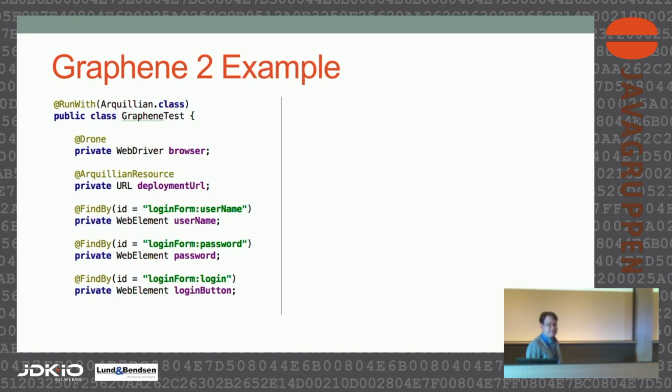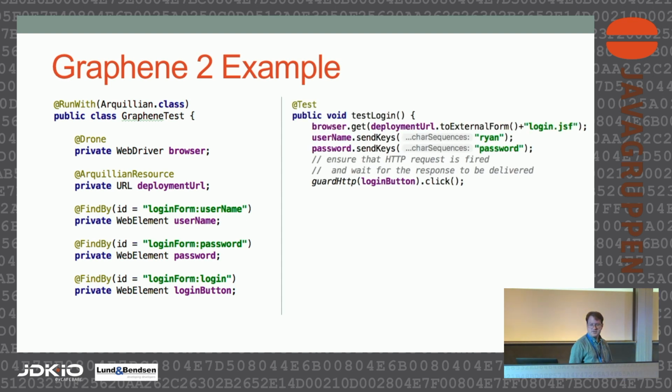Graphene takes us one level higher. Before, if we're just using Drone, we're going to have to go mucking around in HTML to figure out what came back, analyze it, and retrieve specific HTML elements, etc. If we're using Graphene, we have our Drone annotation, of course, but we can now use these FindBy annotations and say, give me the username field, give me the password field, etc. Then in our tests, the first thing we do with the WebDriver is request a specific login page.